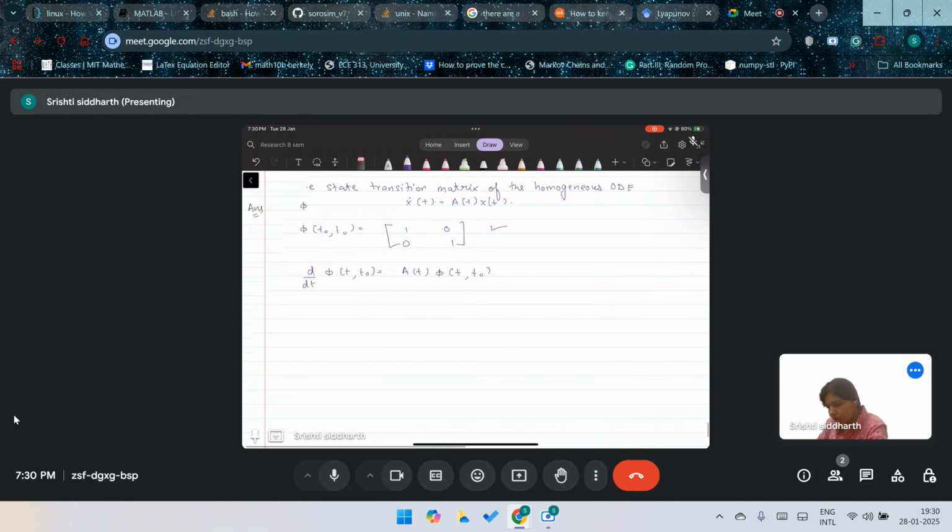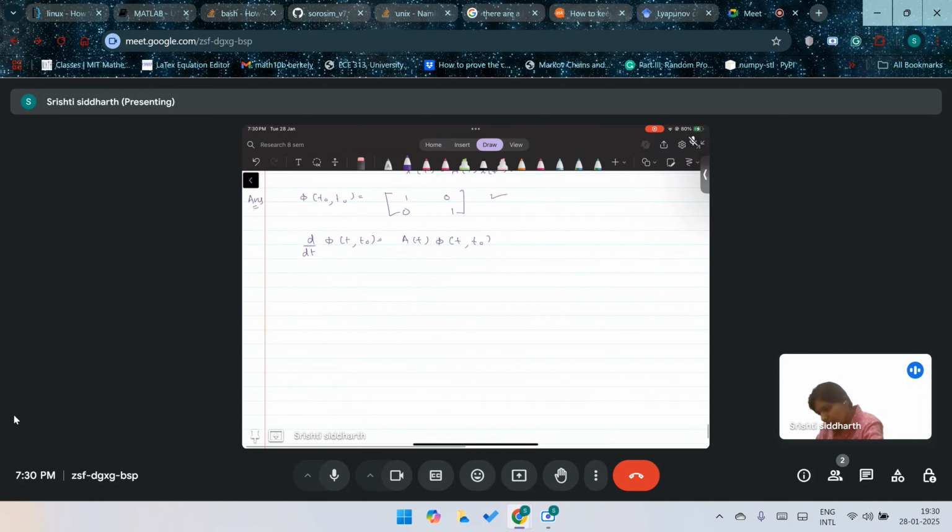Okay. So what we don't know here is A of t. So let's assume that A of t is some matrix. So let's say A1 of t, A2 of t, A3, and A4. All of these are real numbers, and can depend on time.